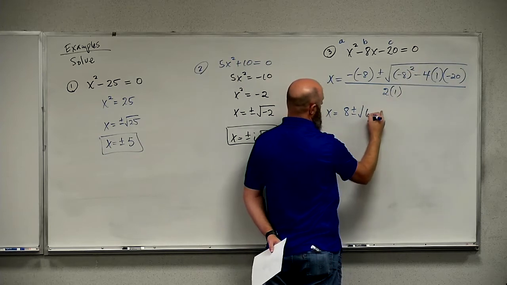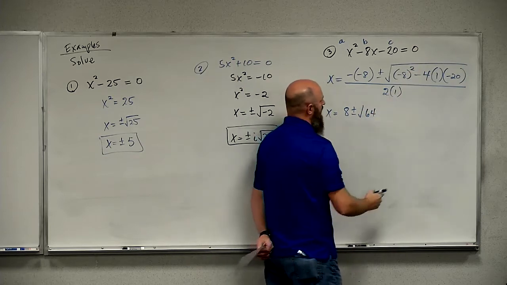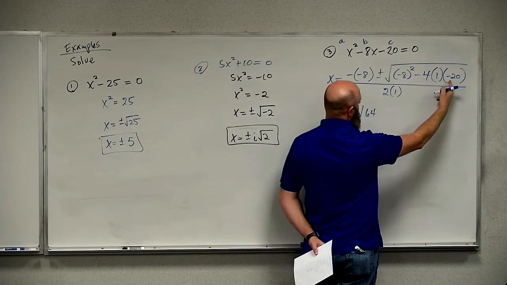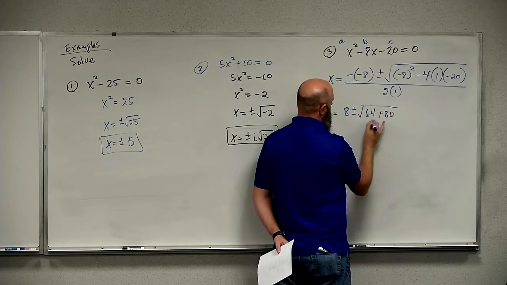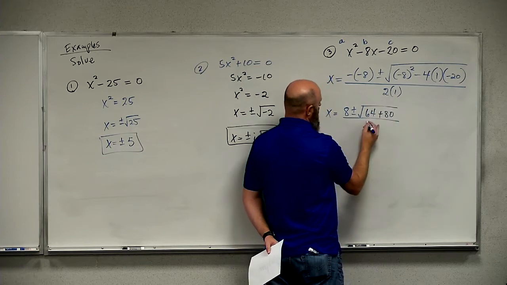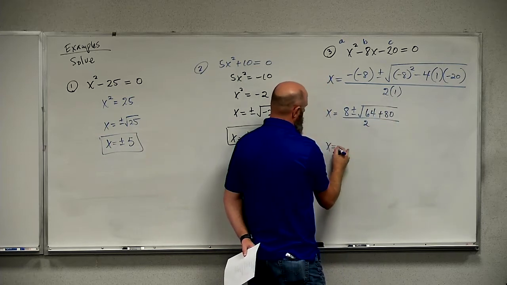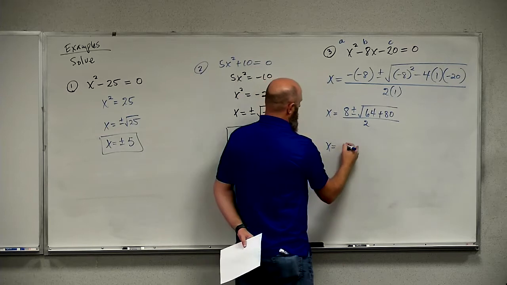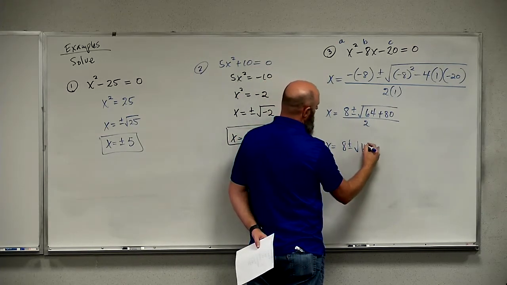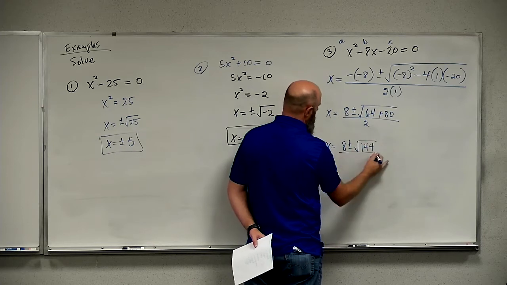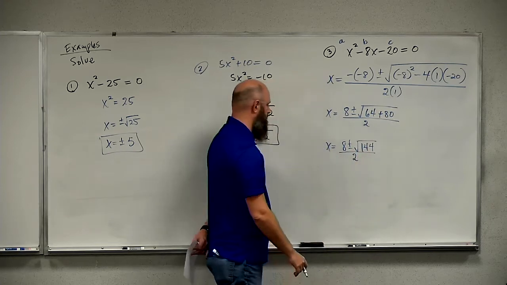Negative 8 squared is a positive 64. And then negative 4 times 1 times negative 20 is plus 80. 2 times 1 is 2. So we get 8 plus or minus the square root 64 plus 80 is 144 over 2.